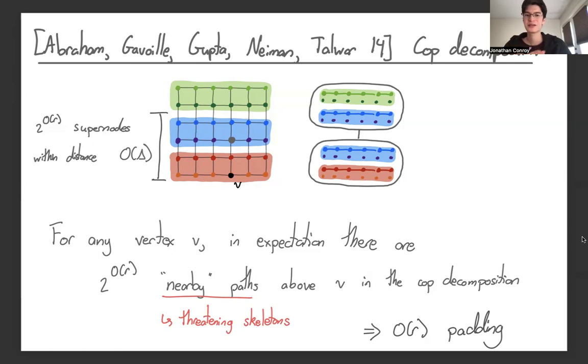So in other words, there's 2 to the O of R threatening events if we execute some ball carving algorithm top down in this COP decomposition. And so they used this to prove that minor free graphs have O of R padding.